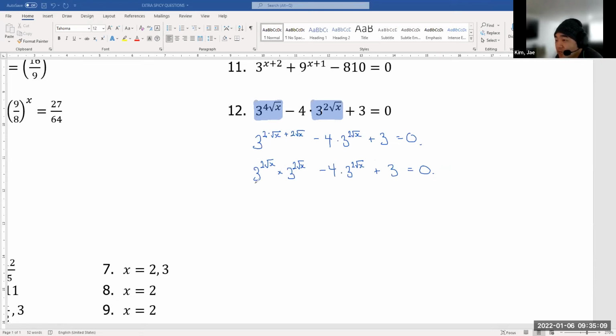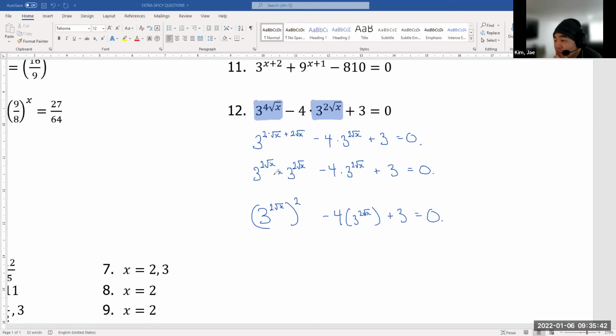And therefore I can technically rewrite this as oh, right.